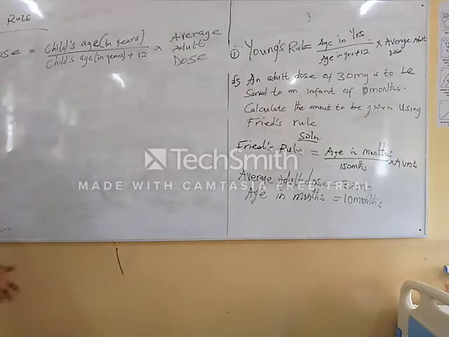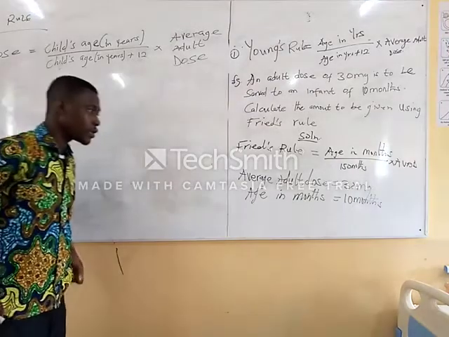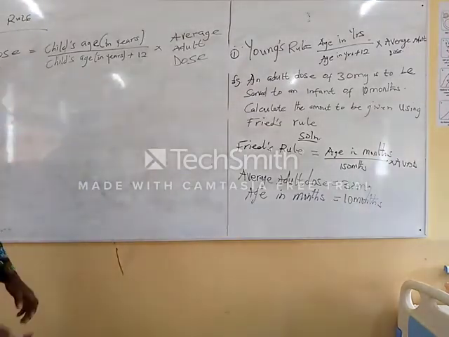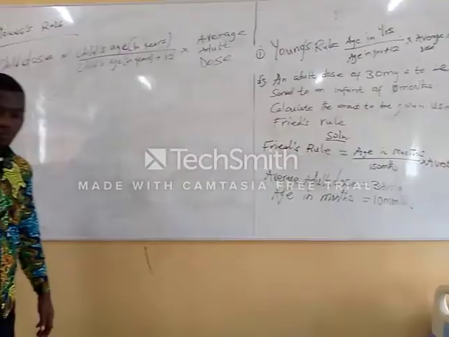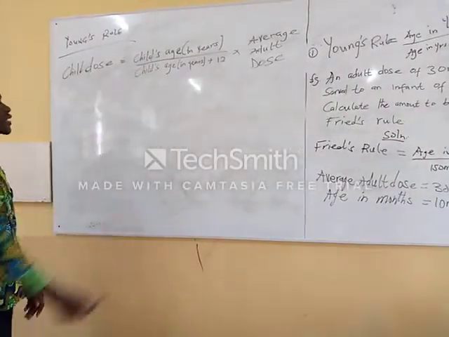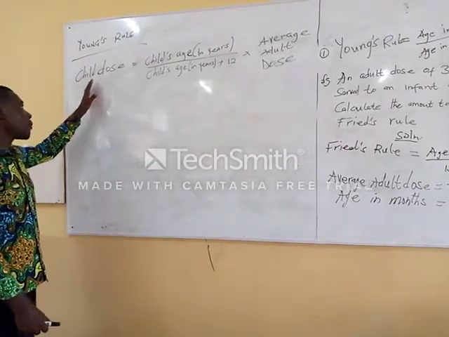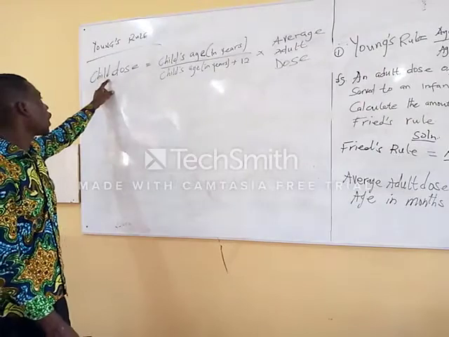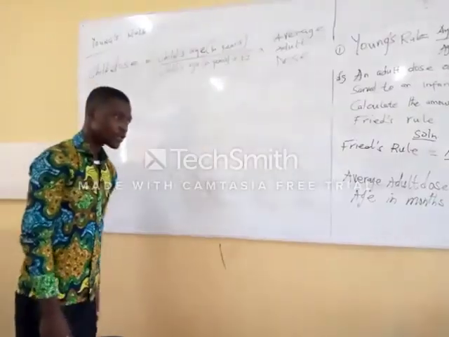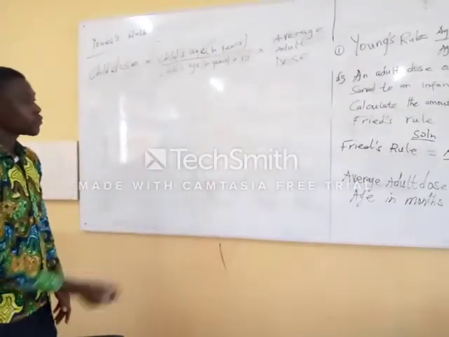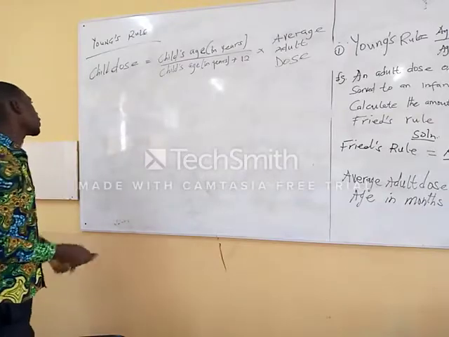So we are going to the next rule. The next rule is going to tell us, if the child is in years, let's say 1 to 12 years, how many doses of drug are going to be served to the child.